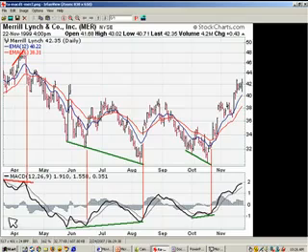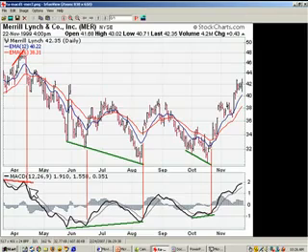I would like to point out that the histogram represents the difference between MACD and its 9-day EMA. If you notice, as the histogram gets larger, this is representing how wide the distance is between the MACD and the 9-day EMA.